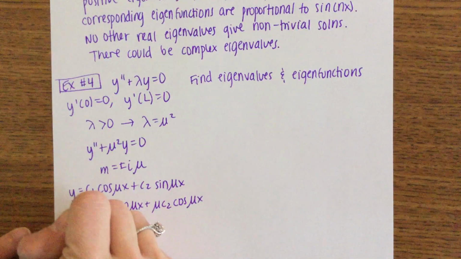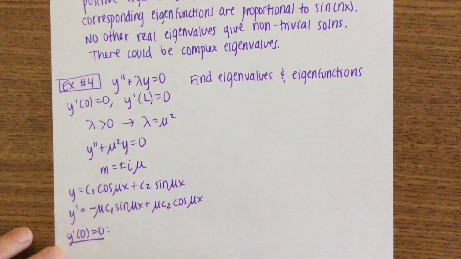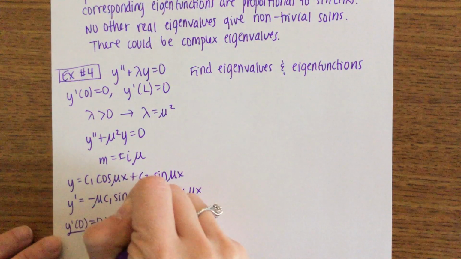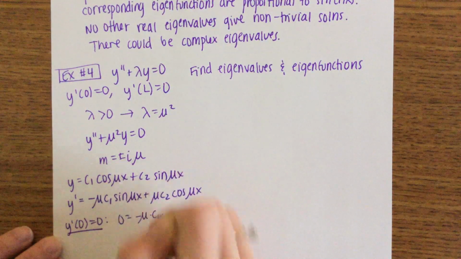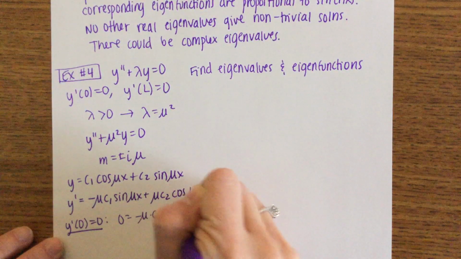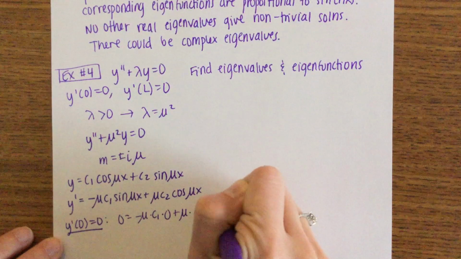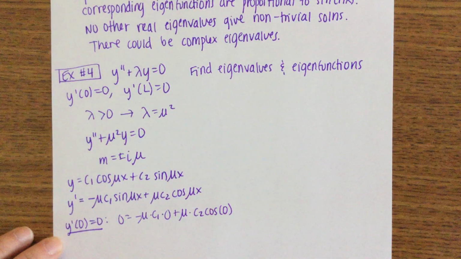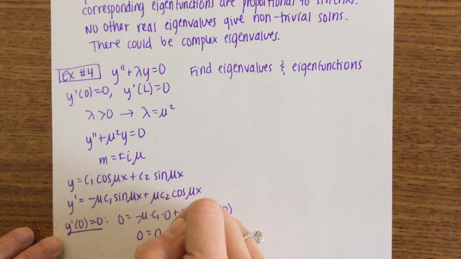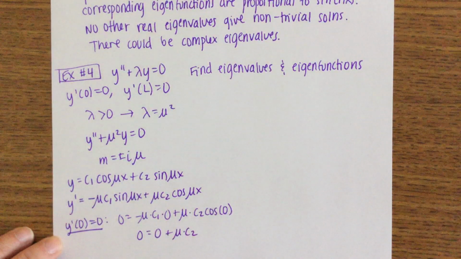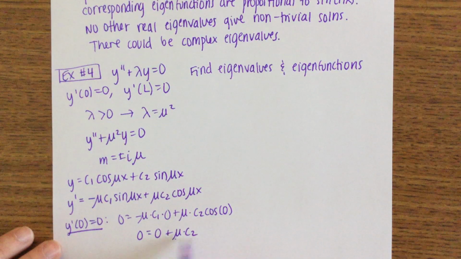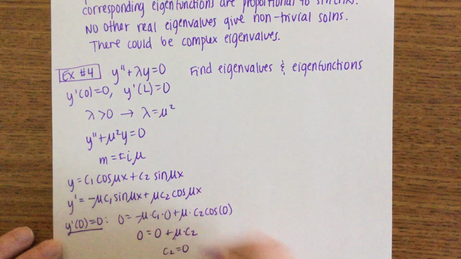So if we start with y prime of 0 equals 0, that's going to give us 0 equals negative mu times c1 sine of 0, which will be 0, plus mu times c2 cosine of 0. So this gives us 0 equals 0 plus mu times c2. We already said, though, that our eigenvalue can't be 0. That would be trivial, which gives us c2 equals 0.